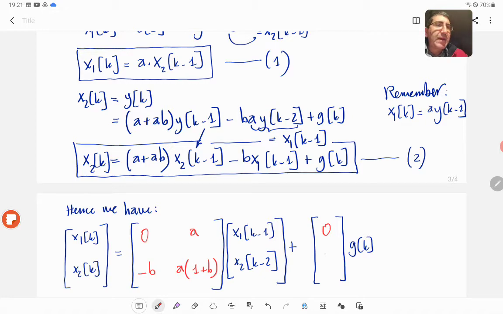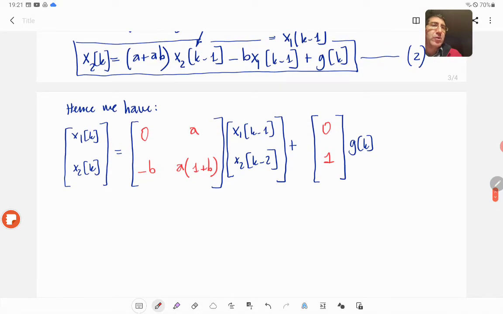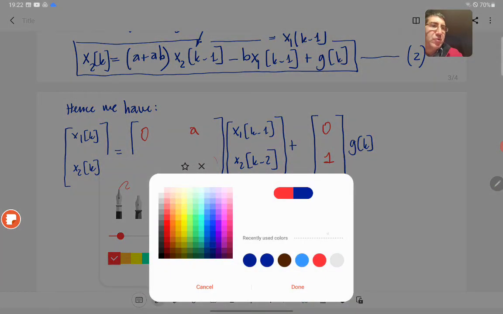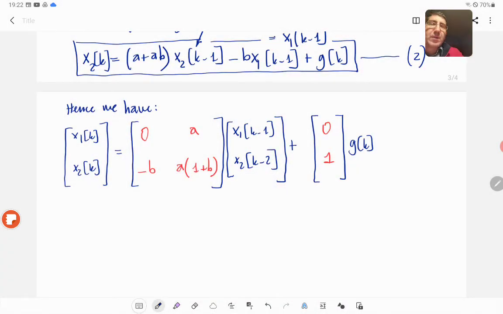Okay. And also we have an input term, 1 times g of k. So in terms of the state variables, let me also write down the output equation, which is very simple, because we know that y of k is equal to x2 of k.